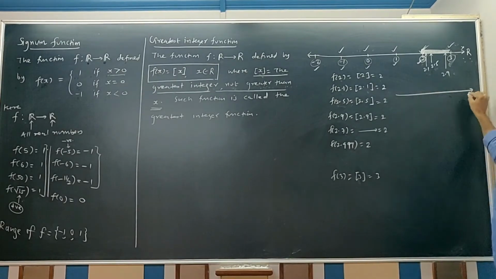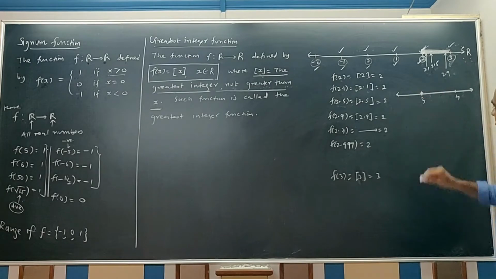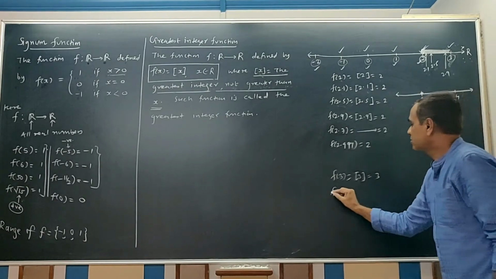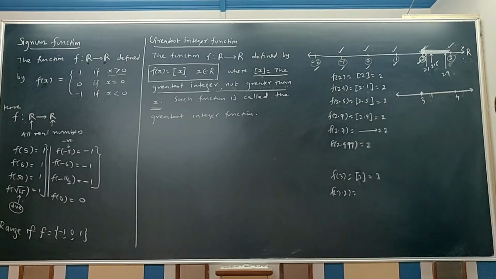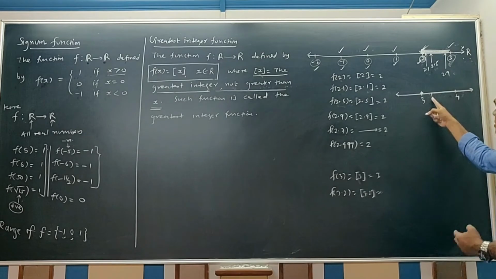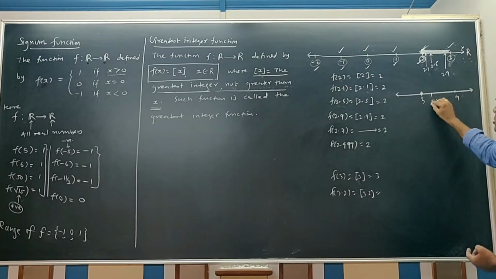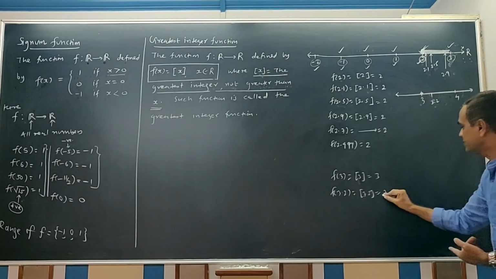Let me explain on another diagram. Here this is 3, this is 4. So first I will take 3. Now if you take 3.2, somewhere here, the box value of 3.2, the first integer on the left of 3.2, is 3. So it is 3.